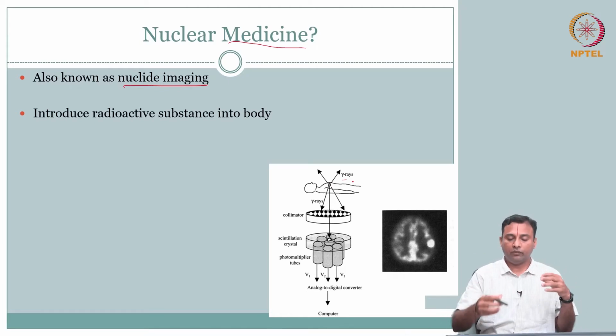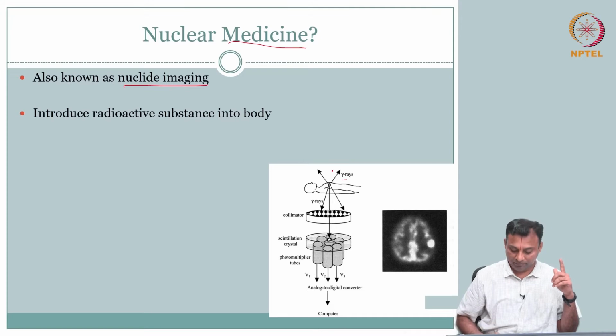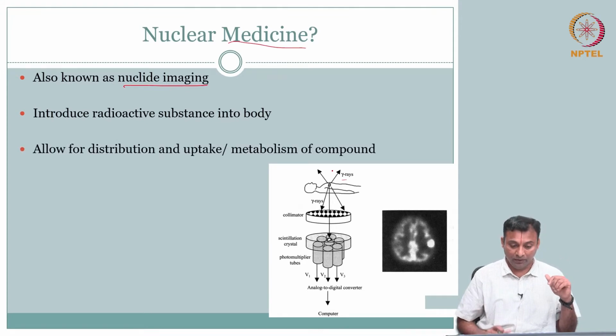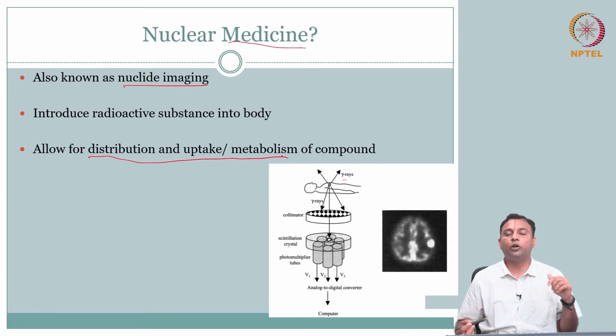So when we detect this gamma energy, our interest here is not in the energy per se. Our interest is, after you detect the gamma, where is it coming from, right? That is our interest. So you give some time for uptake, metabolism to happen.